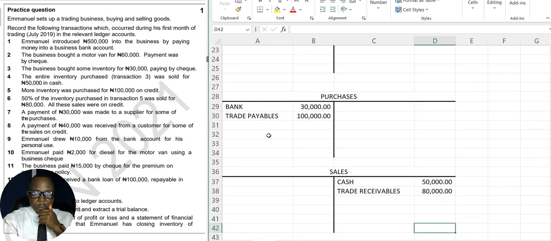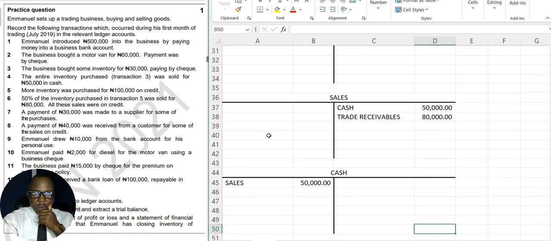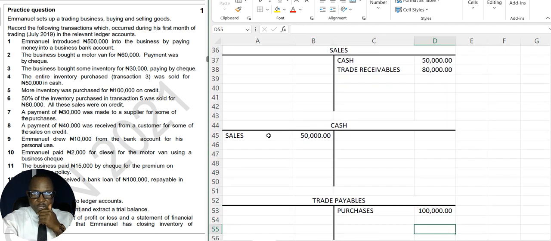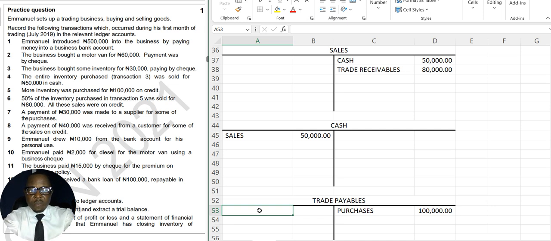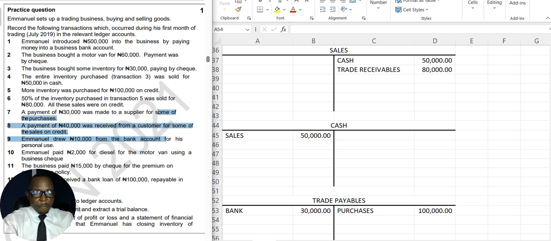Friends, are you following? Okay, this is trade payables. We'll reduce our trade payables by telling ourselves that bank has paid this 30,000. So by this, the trade payables are reduced.